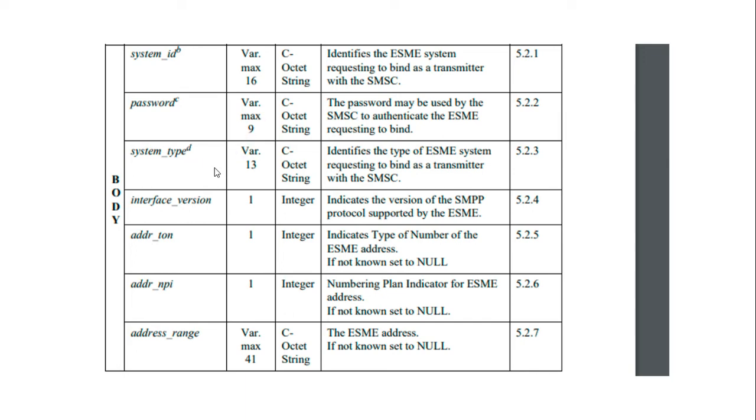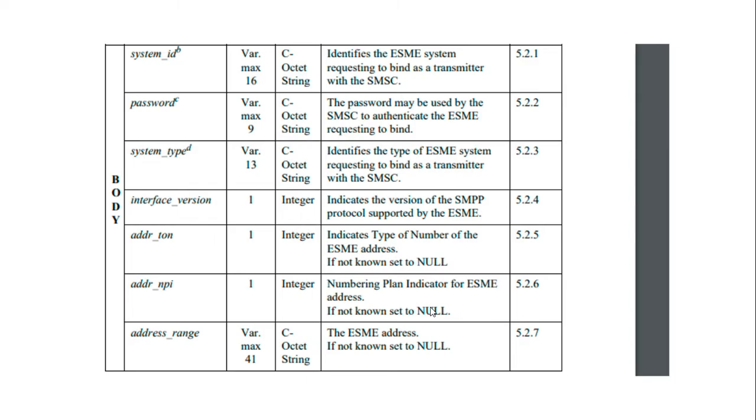Here is the system type, which identifies the kind of ESME system requesting to bind a transceiver. What kind of system type it is is defined here. Then the interface version: what version of SMPP you are using? SMPP has multiple versions.